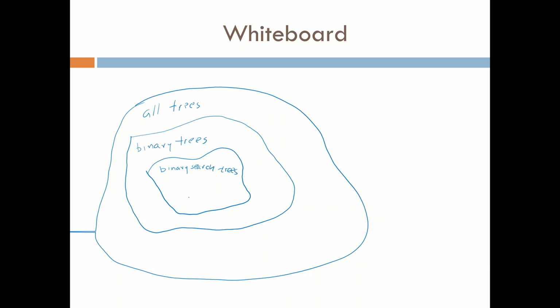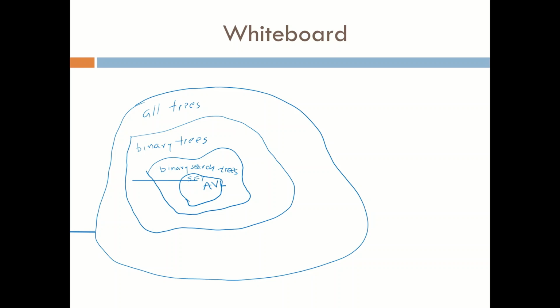And finally, inside there's a set of self-balancing trees. So I'm just going to call that SEB or SET. And the AVL tree is one example of a self-balancing tree.